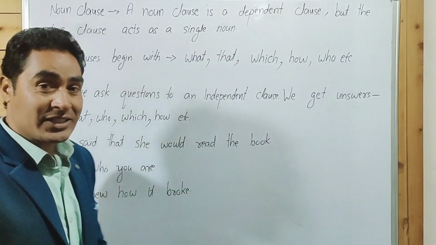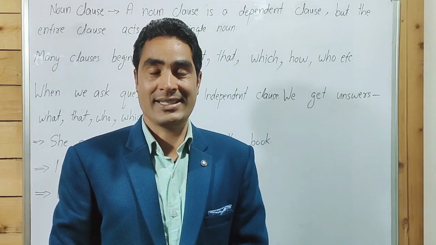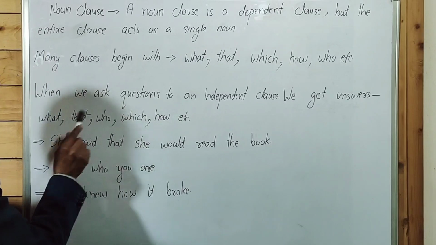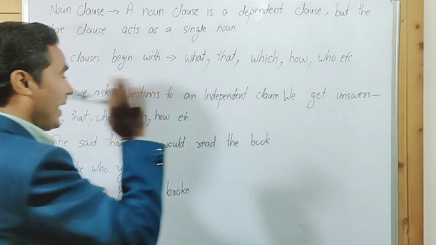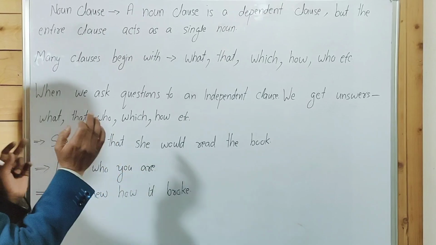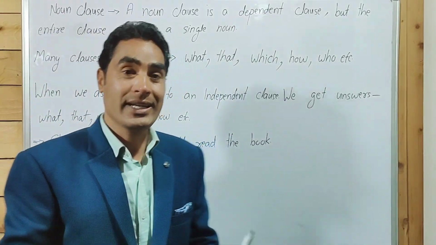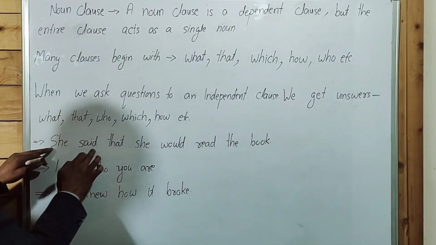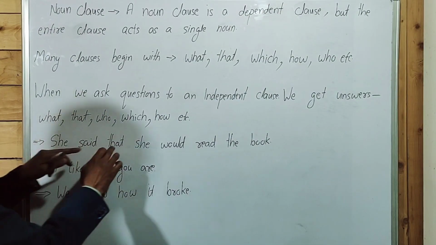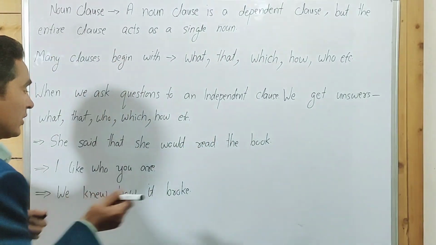When we ask questions to an independent clause, we get answers: what, that, who, which, how, etc. She said that she would read the book. She said is an independent clause. That is a conjunction.